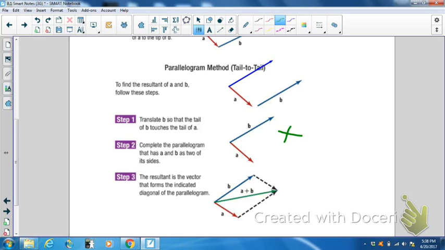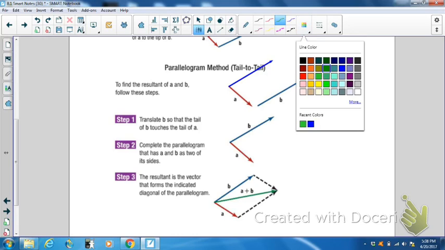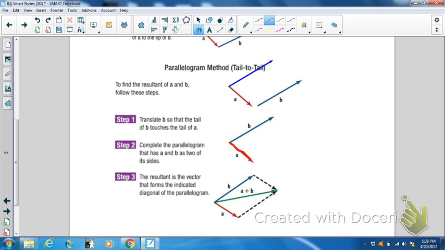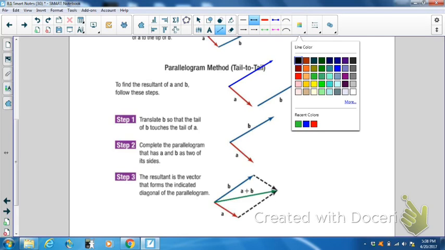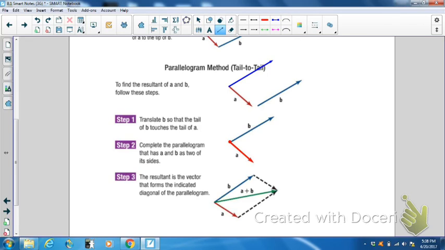So the idea would be to finish our parallelogram. So we need a segment that's parallel to A on the other end. Let me do a line. So to keep it all going the same direction, I'll just move it like I did the last one.